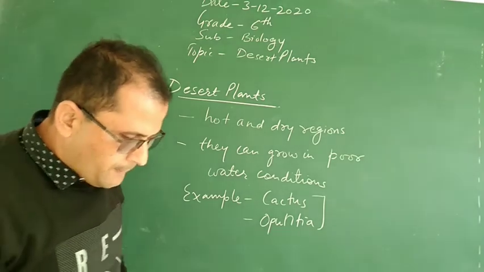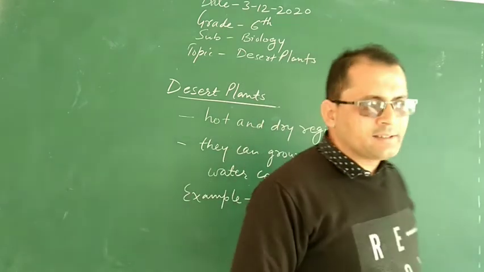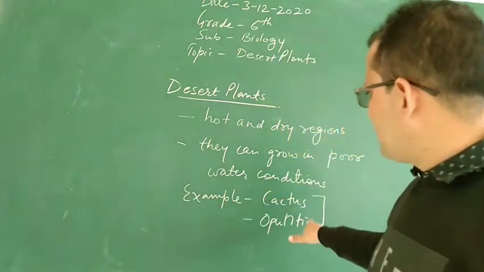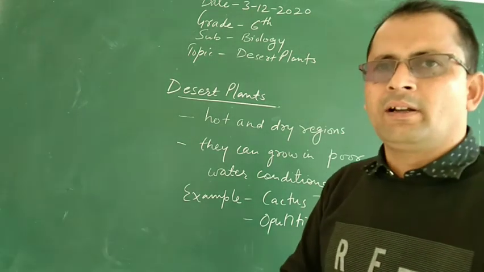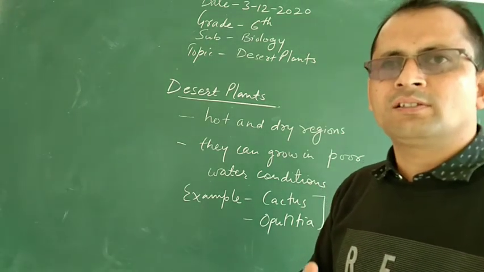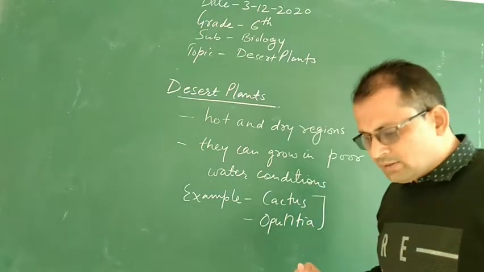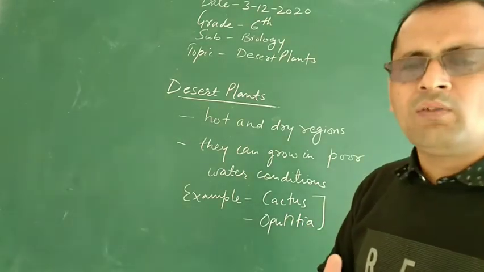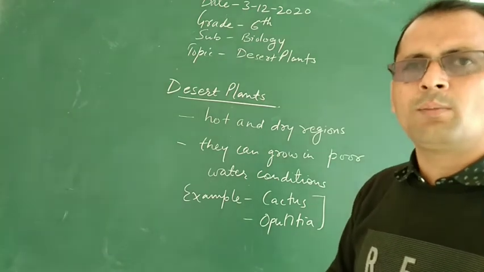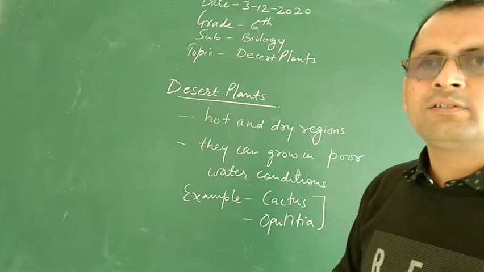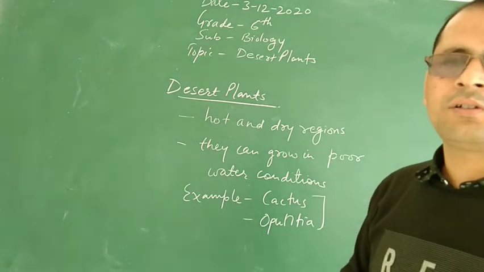Now beta, what we are going to study is how these plants have adapted themselves to survive in such harsh conditions, or how these plants have developed some modification or some changes in the body, and these changes lead to their survival in such harsh conditions.